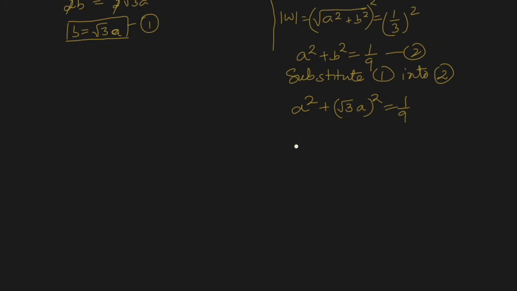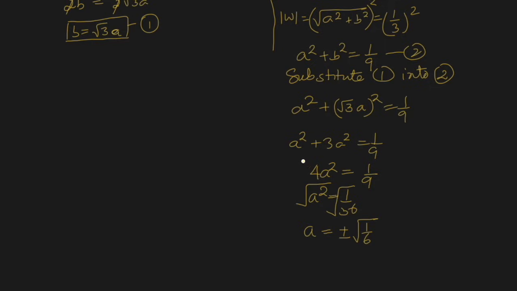Alright, so a square plus 3a square equal to 1 over 9. 4a square equal to 1 over 9, which gives us a square equal to 1 over 36, and we square root both sides. a is equal to plus or minus 1 over 6.